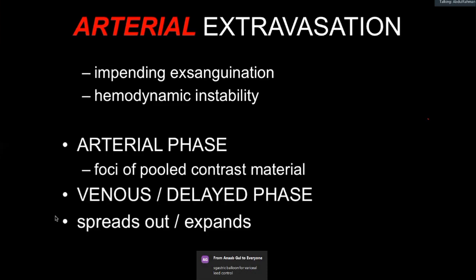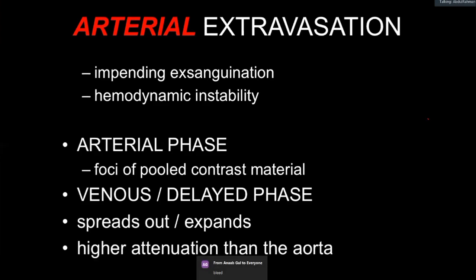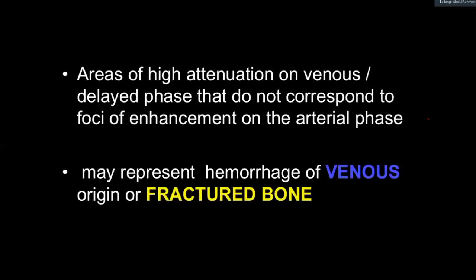And on the venous or delayed phase, this expands, it becomes bigger. It is of a higher attenuation than the aorta on the venous phase. So this is the feature of active arterial bleeding. On the arterial phase, you'll see a focus of bleeding, and on the venous phase, it changes its shape, gets bigger, and the density is higher than the aorta, because we're now in the venous phase of the CT.